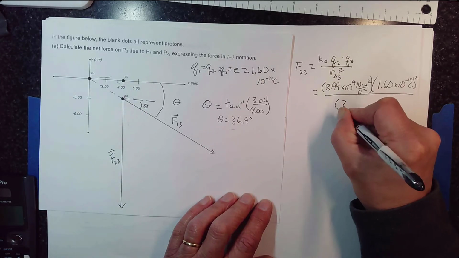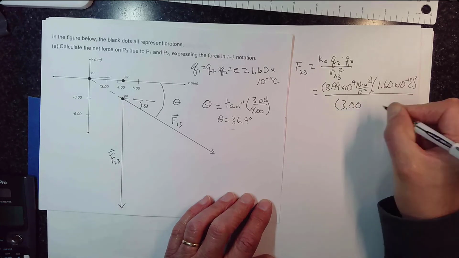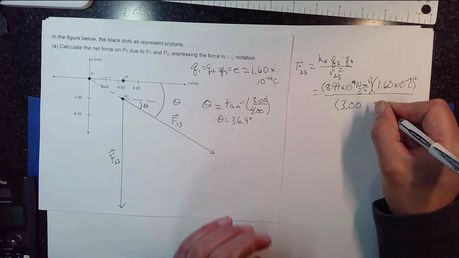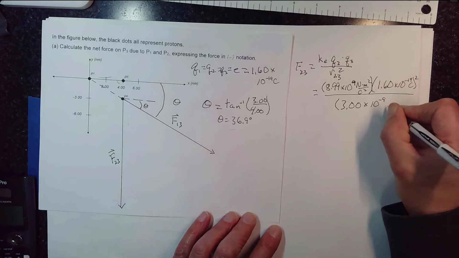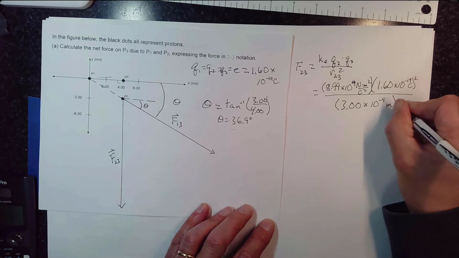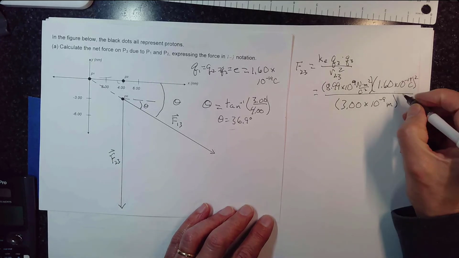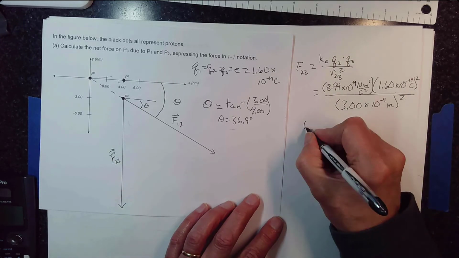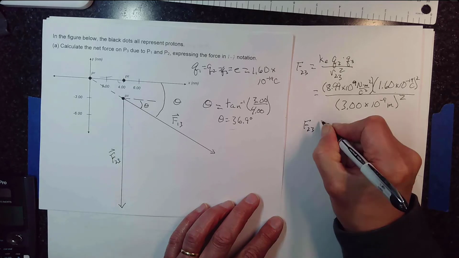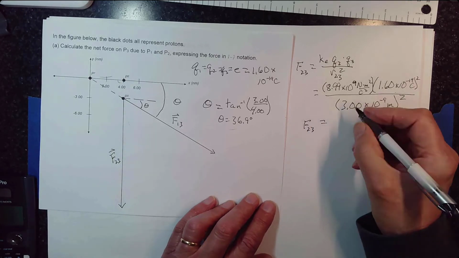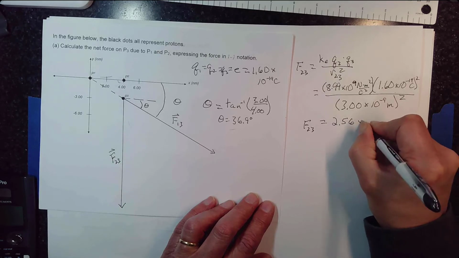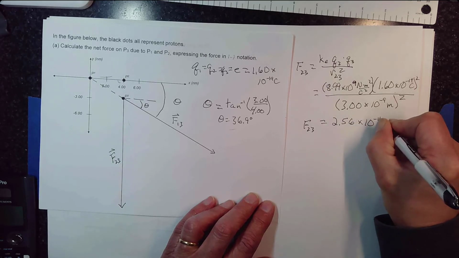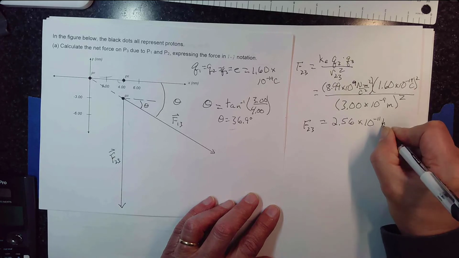So this is the point at which I will replace the n for nanometer with times 10 to the minus 9th, and then I've got meters. And I have to square that. So that's what we get for F23, and it ends up being 2.56 times 10 to the minus 11th newtons.